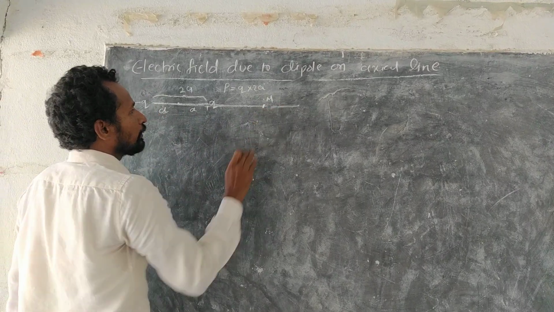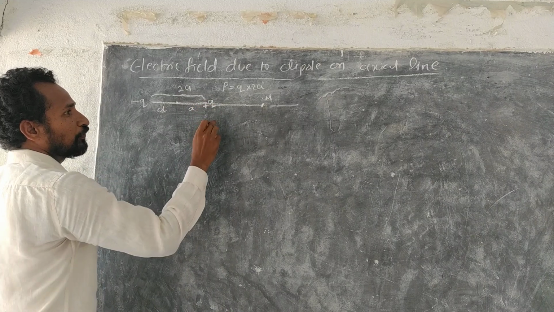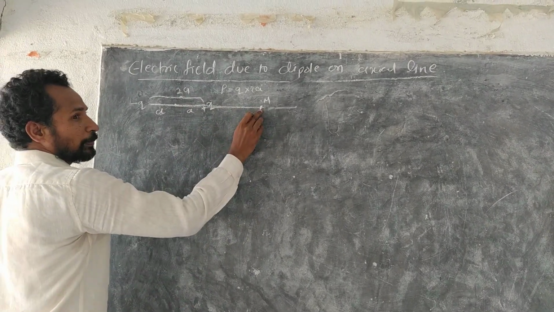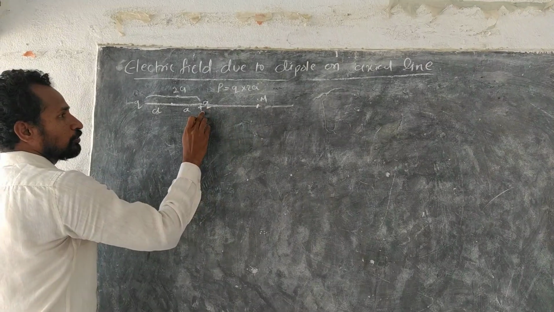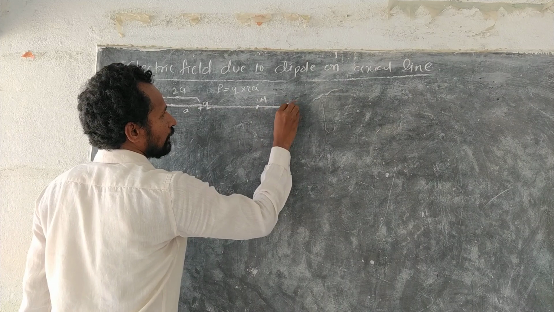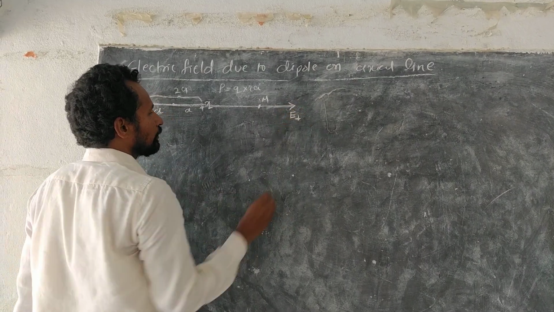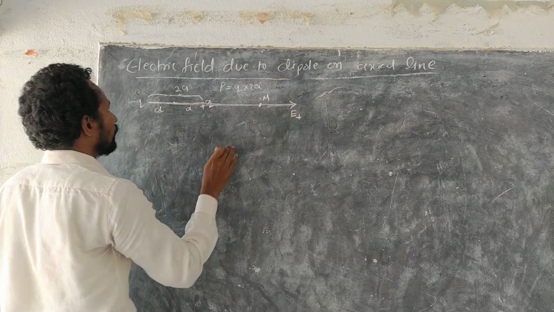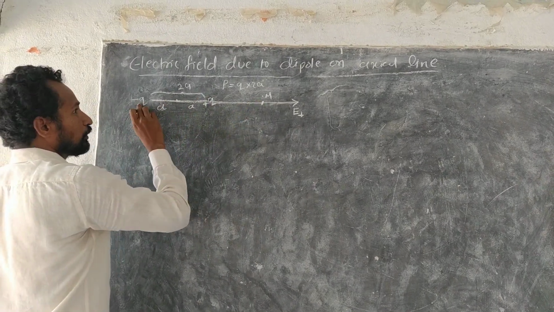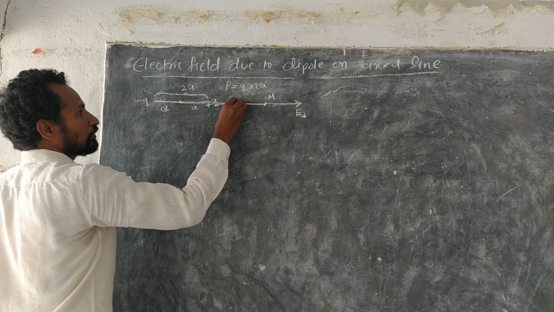To find this, first we need to decide the directions, how many fields are acting here and their directions. Now here we expect two electric fields, one due to the positive charge, the other due to the negative charge. The positive charge field acts in this direction, this is E plus, radially out, and the electric field due to minus q, the negative charge, acts inwards.